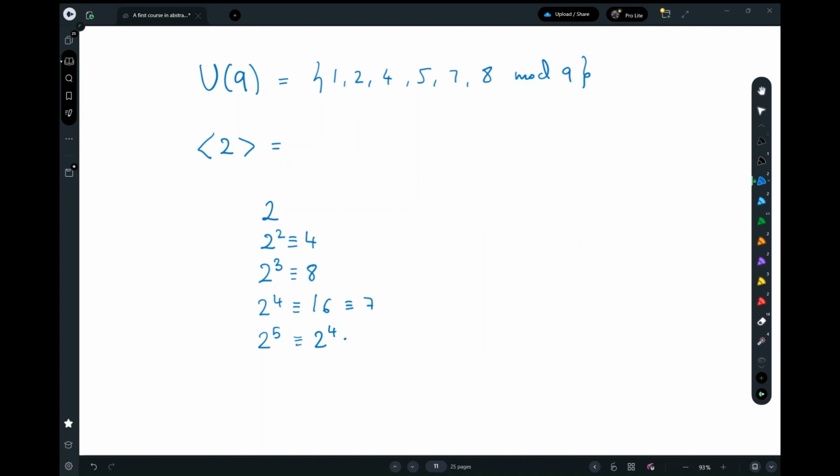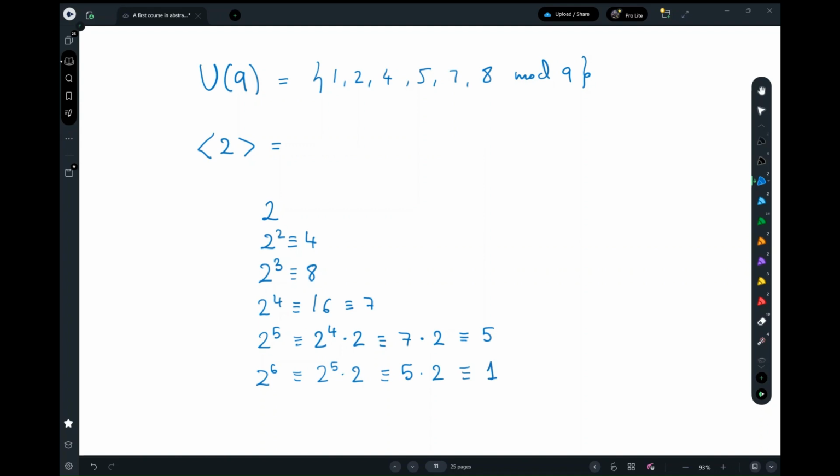2 to the 5 will be, I don't need to keep using the big numbers. I can say 2 to the 4 times 2. I know that 2 to the 4 is 7. So this is 7 times 2, and 7 times 2 is 14, which is 5. 2 to the 6 is going to be 2 to the 5 times 2, which is 5 times 2, which is 10, which is 1.